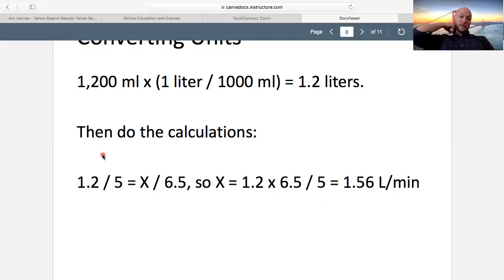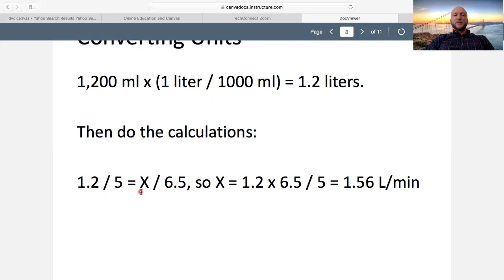So it's a proportion. For every 1.2 liters of blood that goes to the kidneys, the heart pumps 5 liters of blood. So 1.2 over 5 is equal to, constant proportionality, x, which is the amount of blood going to the kidneys, over every 6.5 liters of blood that the heart pumps.